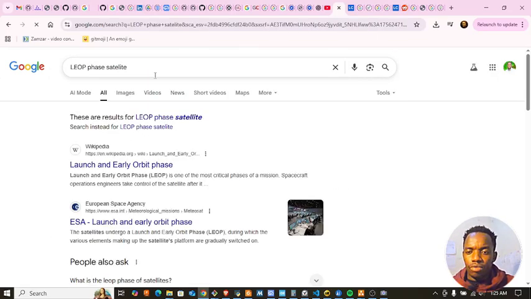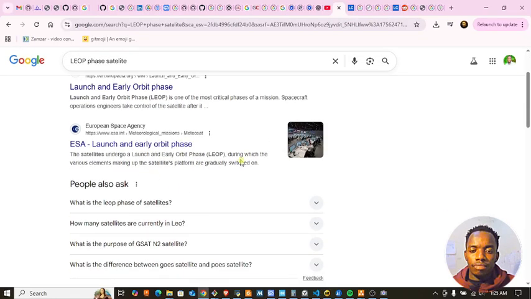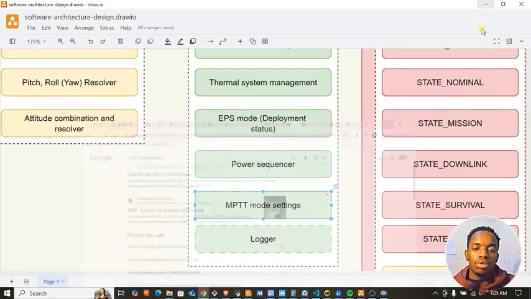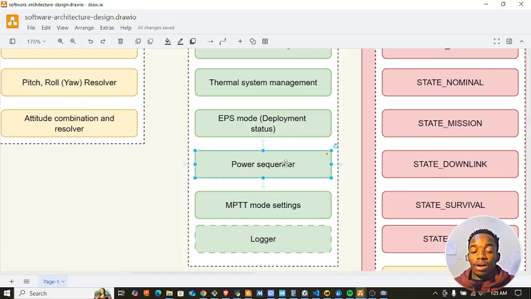I wanted to know the full name: launch and early orbit phase. So it's basically the phase in which the various elements making up the satellite's platform are gradually switched on. So you have to sequence that power to different boards at the right time. And that's the work of the EPS.